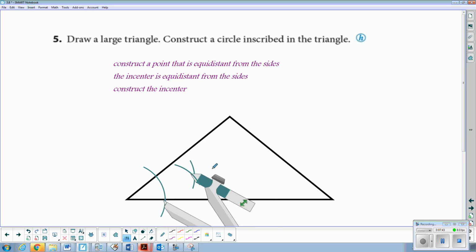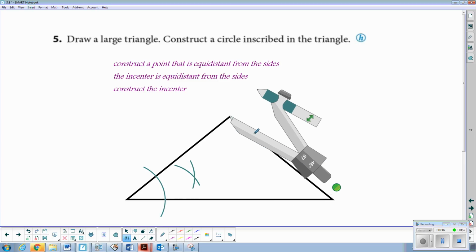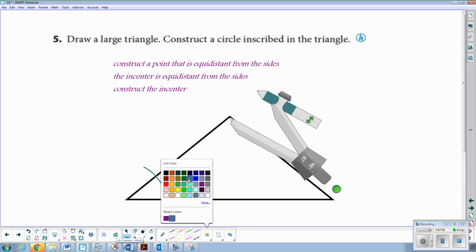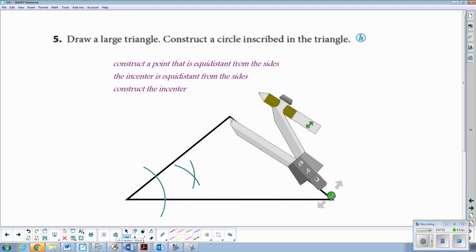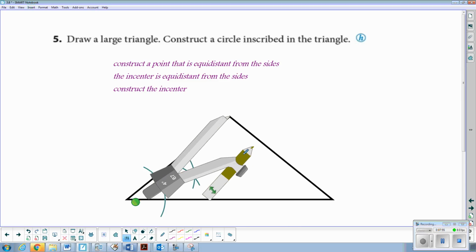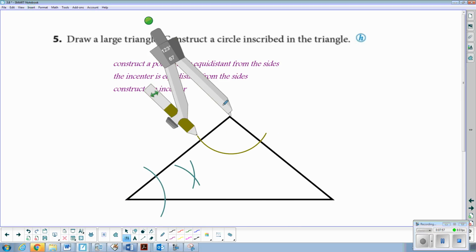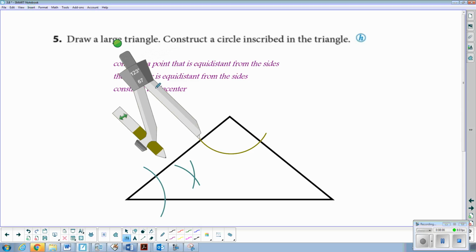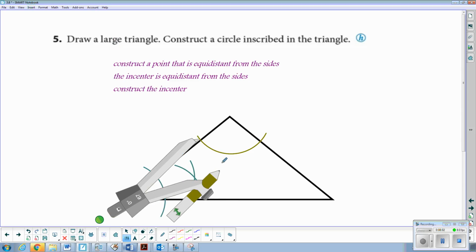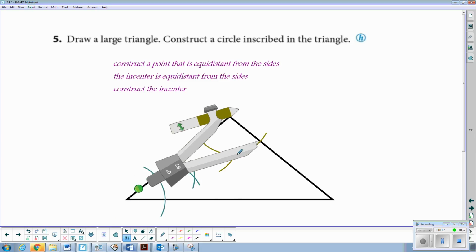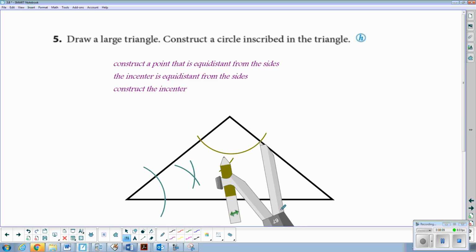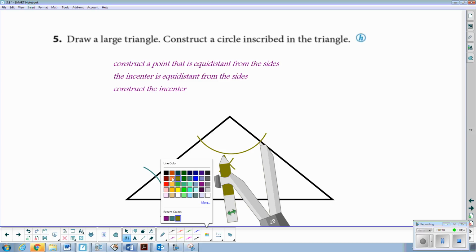Okay, so there's one point that's equidistant from the sides. We're going to do it again for the second angle. Bisect this angle, find a point that's equidistant from the sides. And do it again for the third angle, finding a point that's equidistant from the sides.